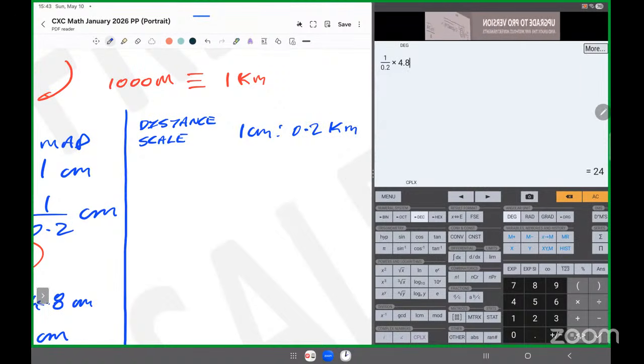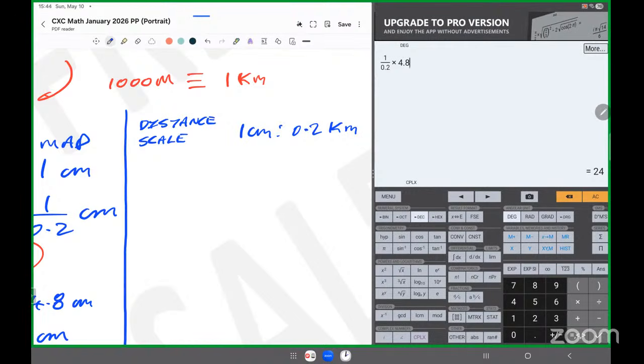To get to the area scale, so we can do area calculation, we square the distance scale. Just square the value, square the side here and square the side here. That's all you have to do, guys. So the area scale becomes the scale that we're going to use for area.